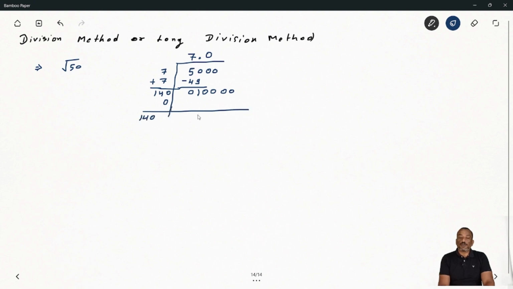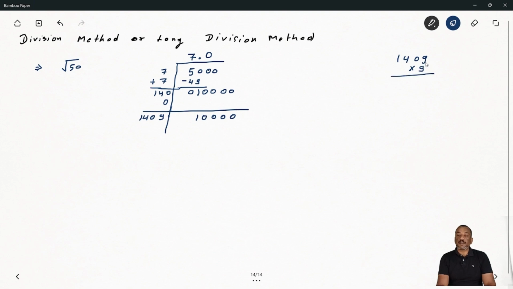Now here you have 10,000. You have to add such a number that can be multiplied with the same number. Suppose we add 9.